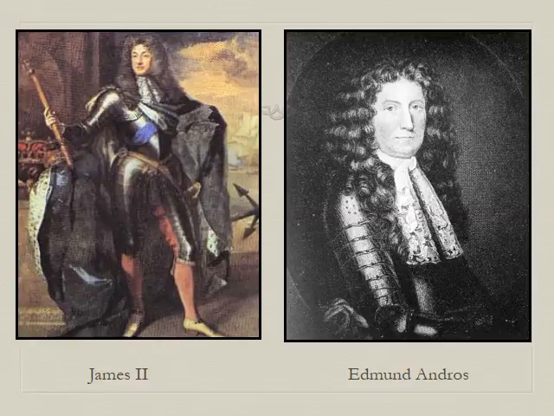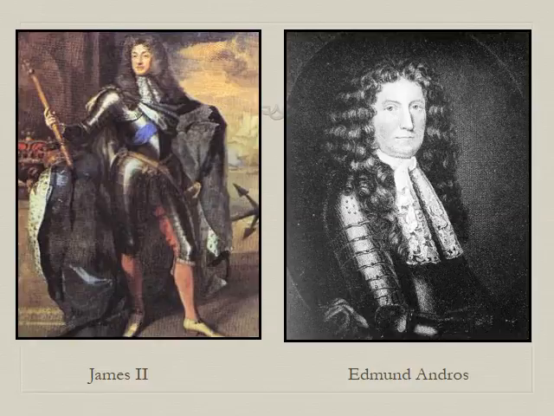This was essentially a super colony in which all of New England was rolled into one, meaning the New England colonies lost their separate identities, their separate charters, their colonial assemblies, and were run by one person appointed by the king, a man named Edmund Andros.